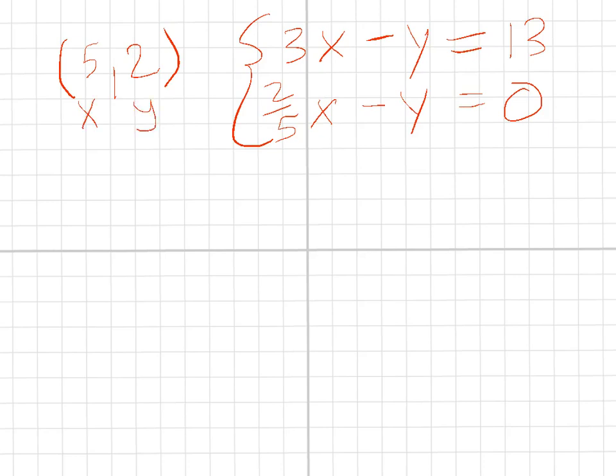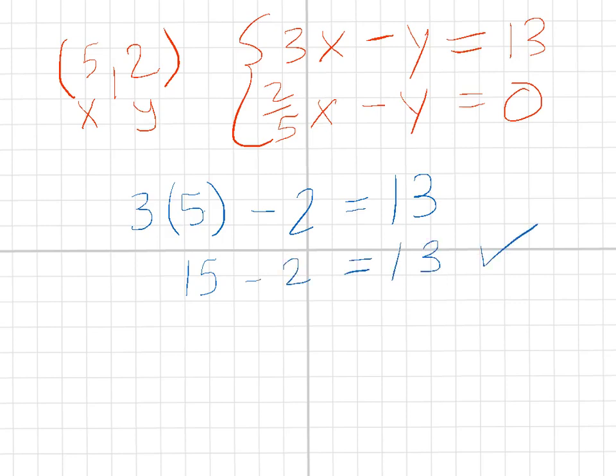So we'll plug it into the first equation, and we'll do 3 times my x, which is 5, minus my y, which is 2, equals 13. Well, 3 times 5 is 15. Minus 2 is 13. So that does fulfill the requirement.